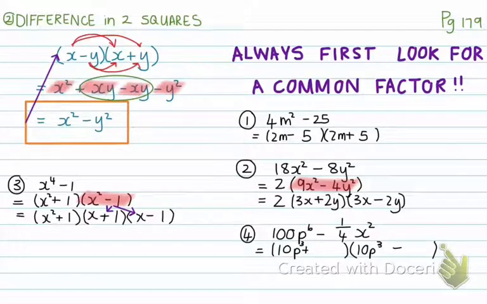Now you take the square root of the second term, and now we have a fraction there, but please don't let that bother you. What is the square root of a quarter? That is just a half, and the square root of x squared is x. So a half x is the last term in both your brackets.